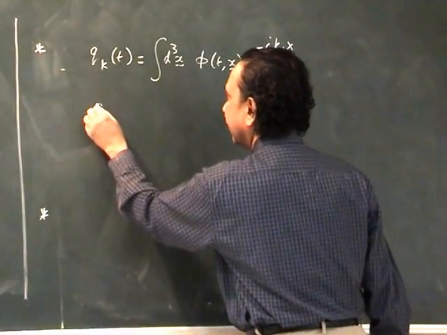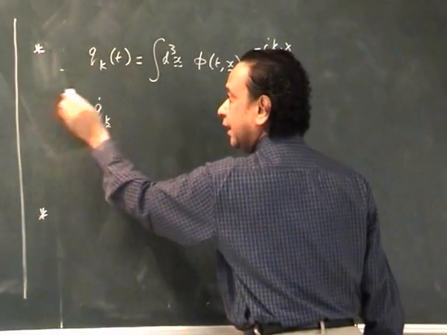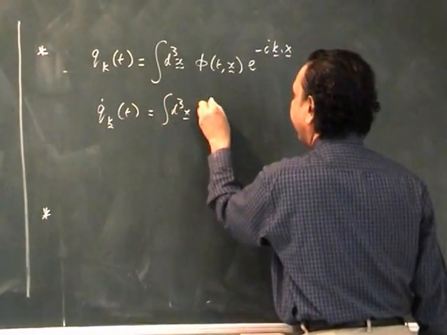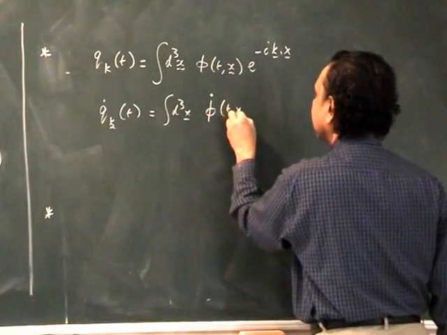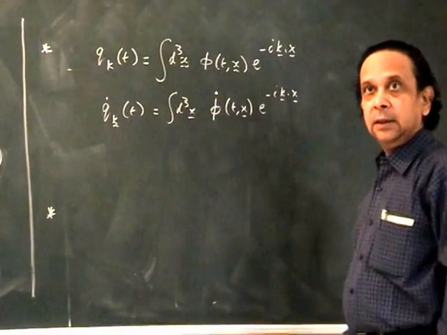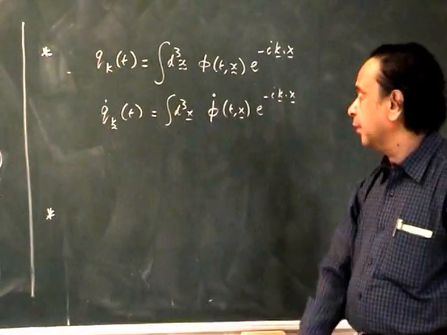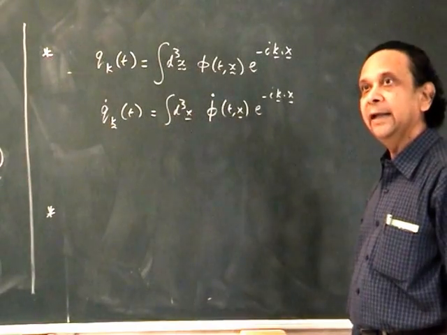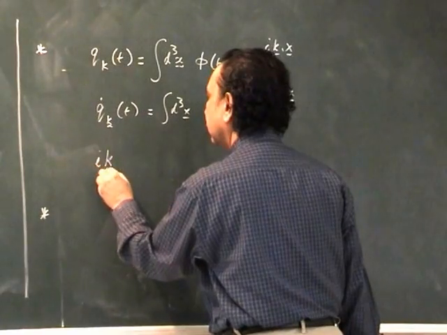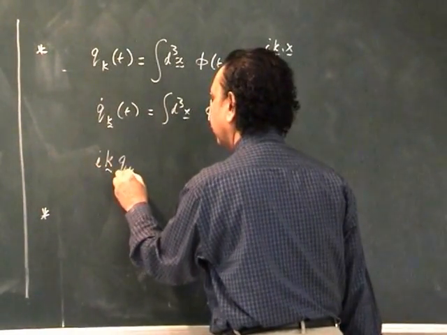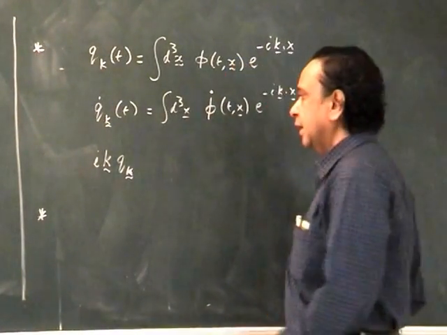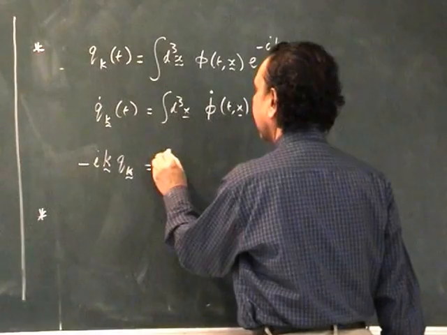This tells you immediately that qk dot, which we need there, is nothing but the integral d3x phi dot of t comma x e to the minus I k dot x. What we need is that k qk. For that, you do a gradient. So if I had I k qk, okay, minus Ik qk can be obtained by taking a gradient of that.